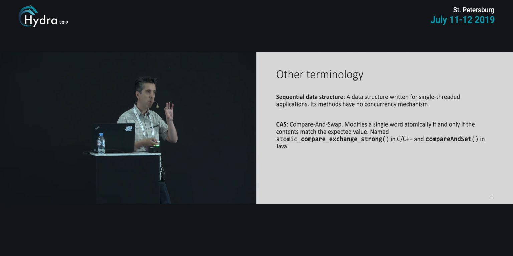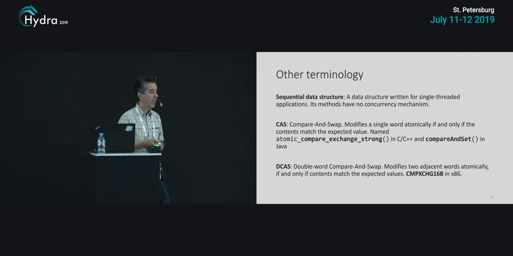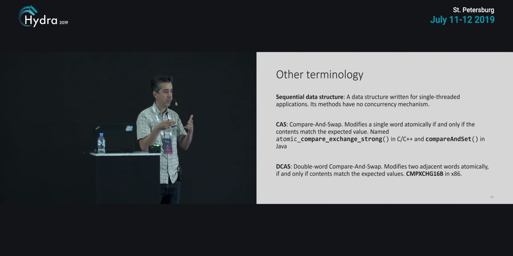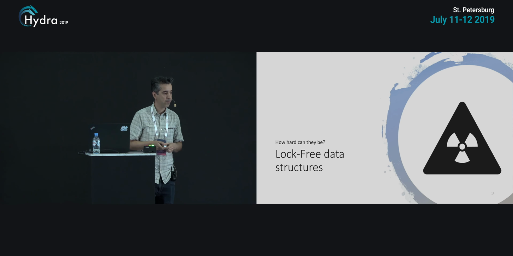It atomically modifies a word if it has the expected value, changing it to a new value. Then there's DCAS, a double word compare and swap, which modifies two words adjacent in memory at the same time. It doesn't exist in Java. Maybe one day it will, who knows?